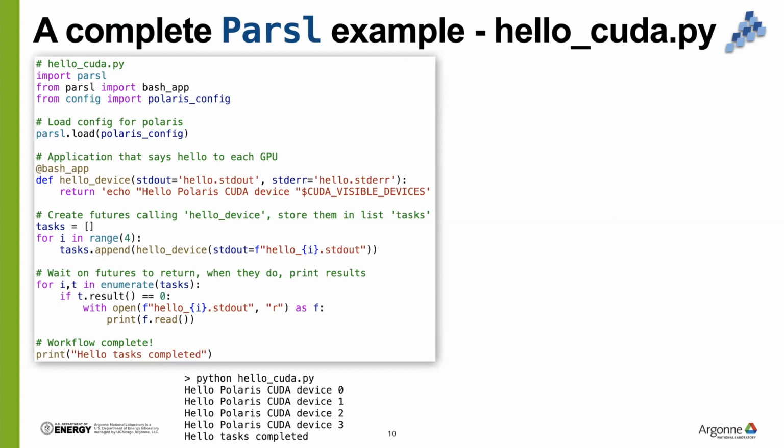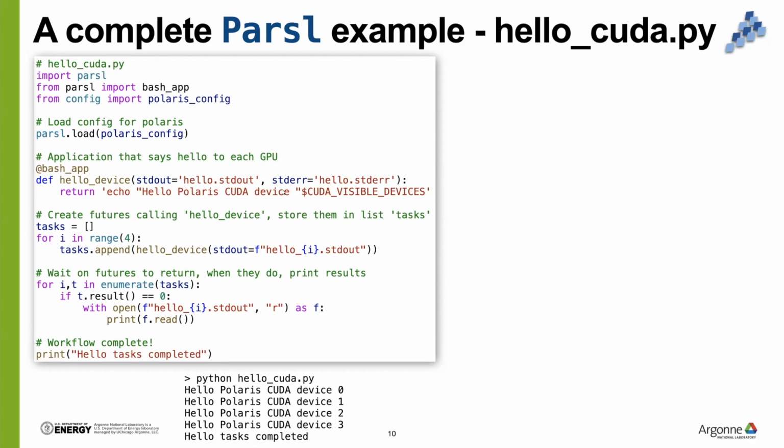What does a more complete example look like, and how would you run it on one of our machines? So this is a very simple program, just hello CUDA, that we have here. What this program will do is run the command echo. Our application is just running echo on a GPU, and it will return the value of CUDA visible devices.